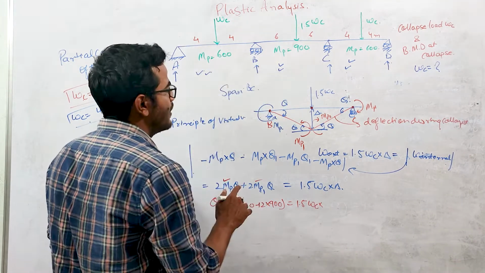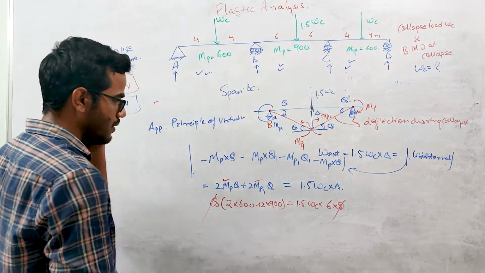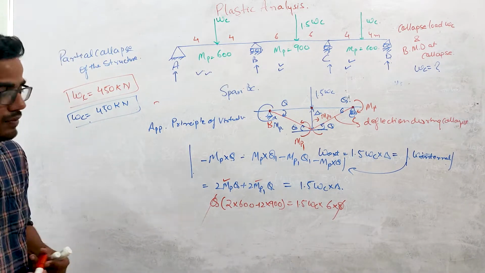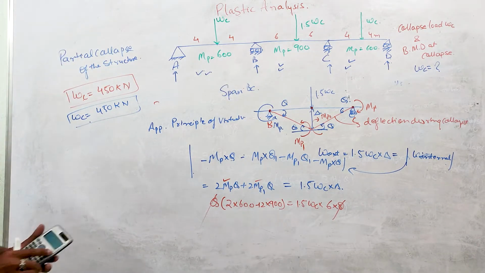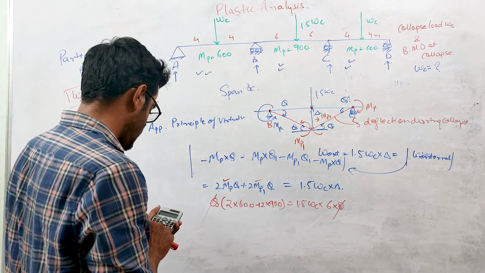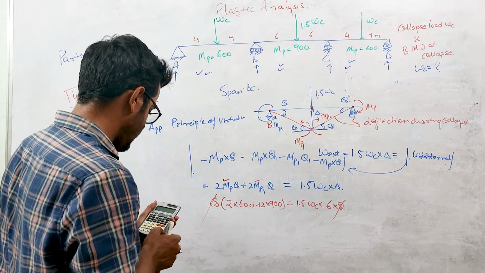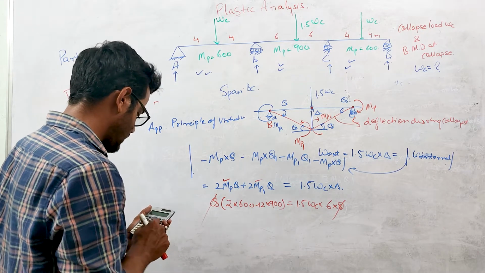And what will be the value of delta? Delta will be 6 into theta. So theta will cancel out each other, right? So the value comes out to be 2 into 600 plus 2 into 900, divided by 1.5 into 6.